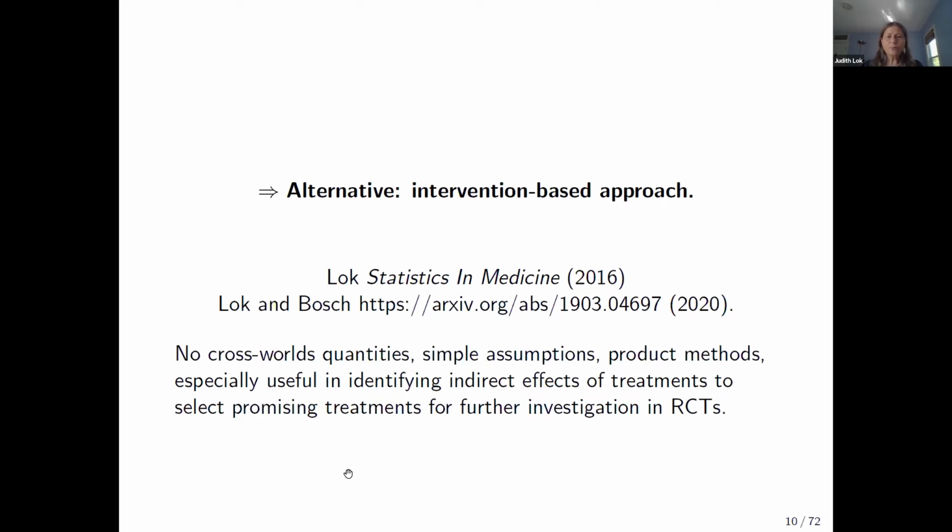This intervention-based approach avoids cross-worlds quantities. It has simple assumptions. It has product methods, and it's especially useful in identifying indirect effects of treatments to select promising treatments for further investigation in randomized clinical trials. And I will present an example of that in HIV cure research.